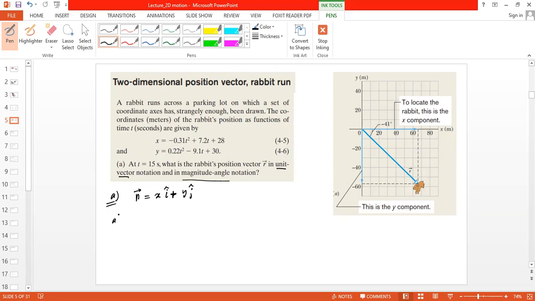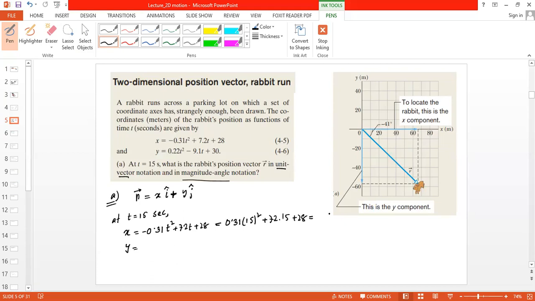So at t equal to 15 seconds, x equals minus 0.31 t square plus 7.2 t plus 28. So it would be minus 0.31 into 15 whole square plus 72 into 15 plus 28.